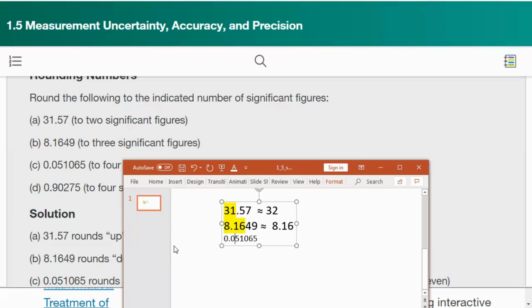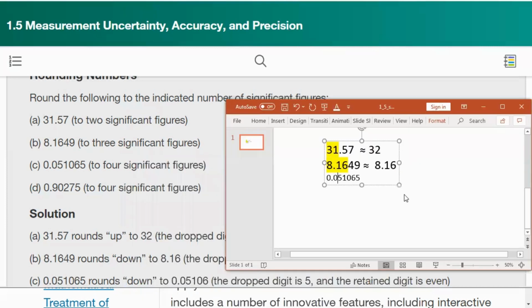And immediately following the decimal point is a 0, and that's considered a leading 0. So it wants it to 4 significant figures. Let me clean that up a little bit. So 4 significant figures. The first significant figure starts there, and then the next one is there.